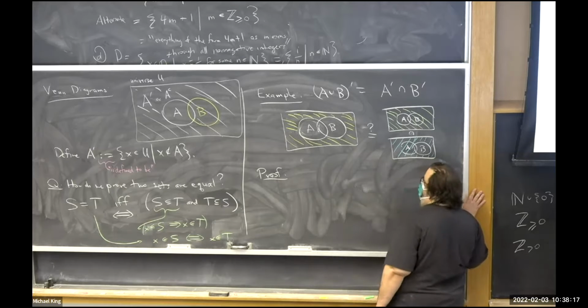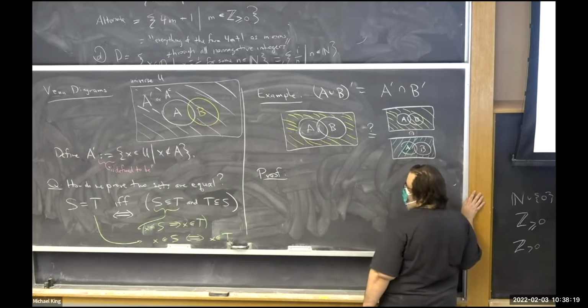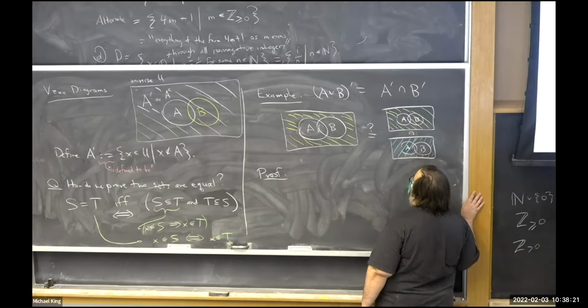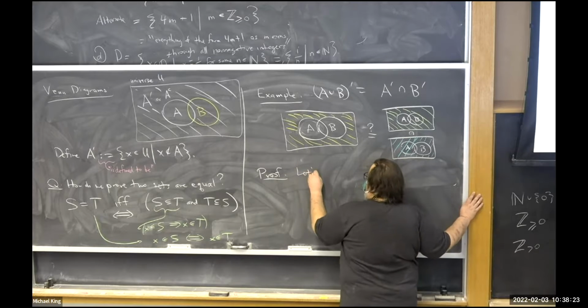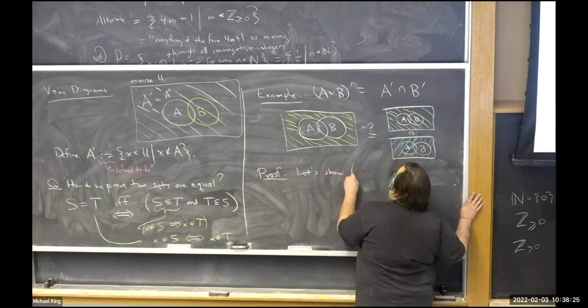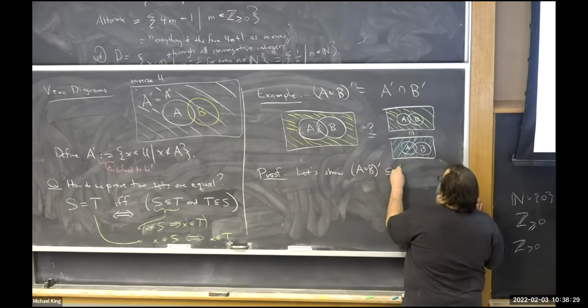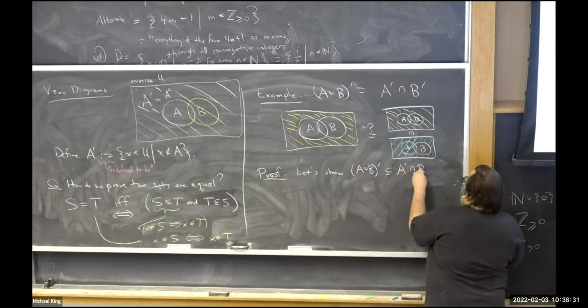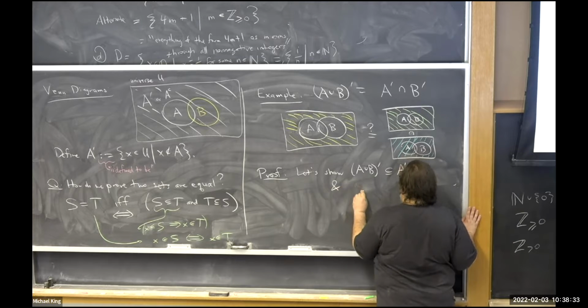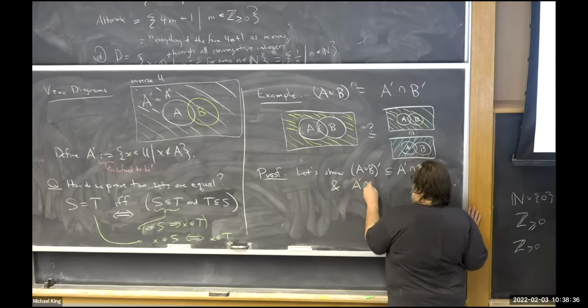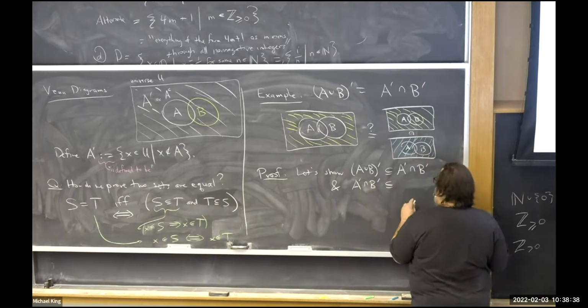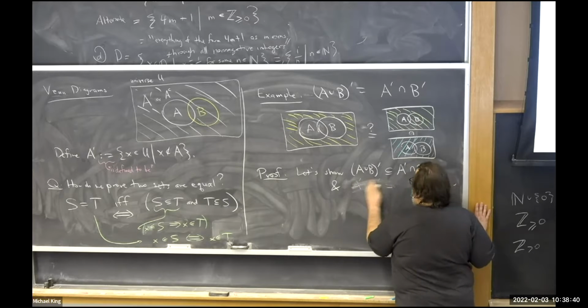So one way you'll see the proofs written is like this. So let's show A union B prime is a subset of A prime intersect B prime, and A prime intersect B prime is a subset of A union B prime. Actually, I tend to want to write this the other way around.